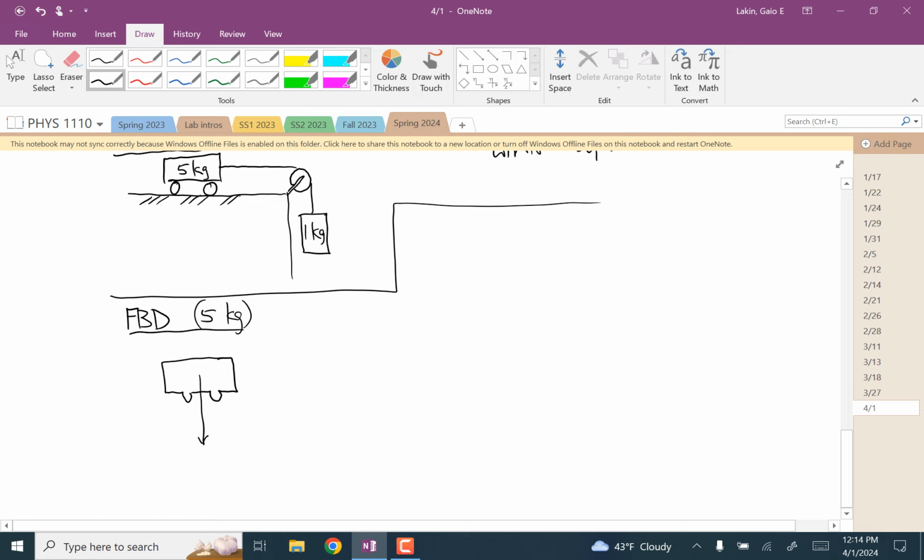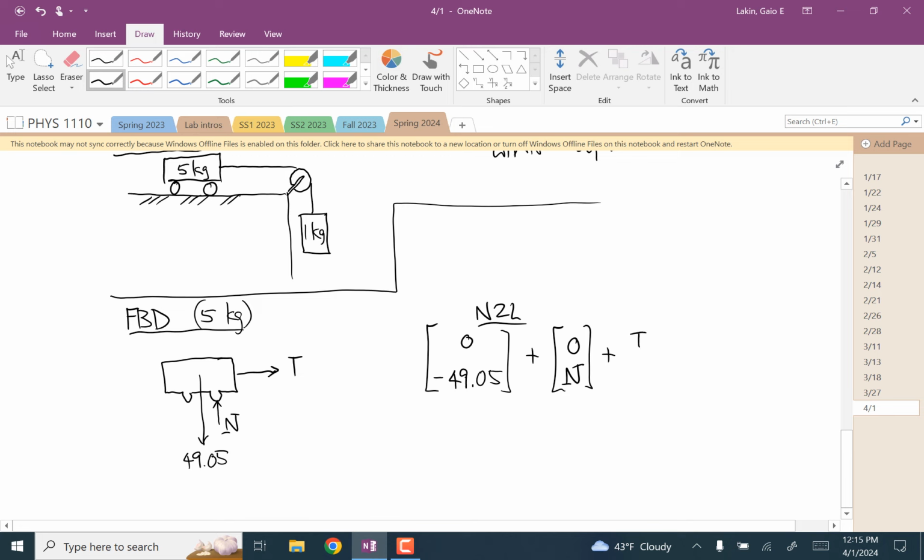We have a weight force of 49.05, a normal force, N, and a cable force, T. So Newton's second law says 0, negative 49.05 plus 0, N plus T, 0 is equal to the mass times the acceleration.